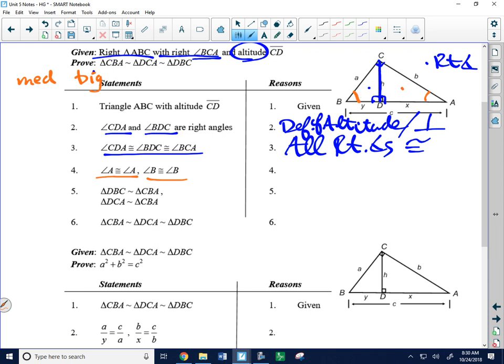Same thing with angle B. That's in the small triangle and the big triangle. Small triangle, angle B. Big triangle, also angle B. Those are the same angles, so we say reflexive.